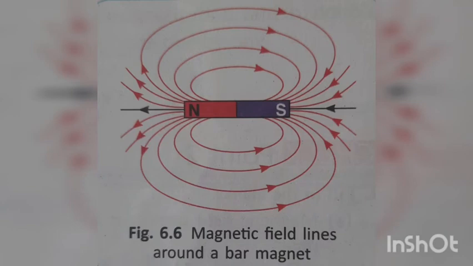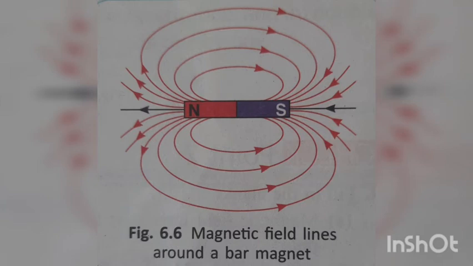The magnetic axis is an imaginary line passing through the two poles of a single bar magnet.